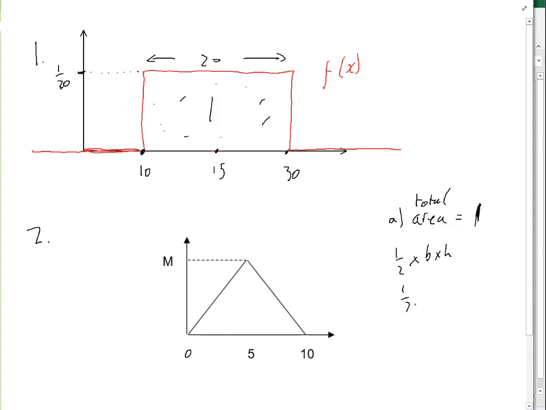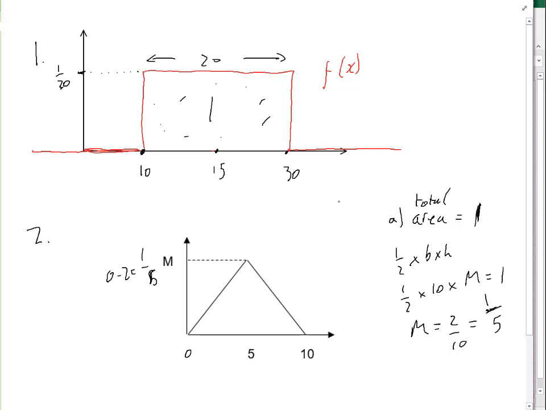So it's going to be a half times the base of this, which is 10, times this mystery number m. It's going to have to be 1. So m is going to have to be 2 over 10, which is 1 over 5. Yeah, so it's 1/5. So if this is a fifth, 0.2, then that works out.